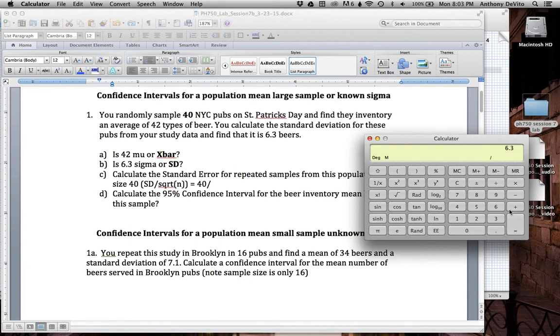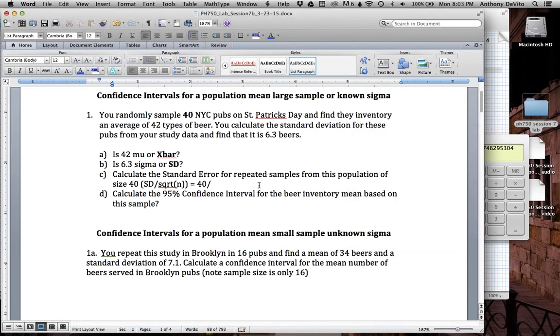Divided by, pretty close. The standard error looks like it's pretty much 1. Am I right? Did I make a mistake? I'm right? Okay. The standard error, rather, is approximately 1.